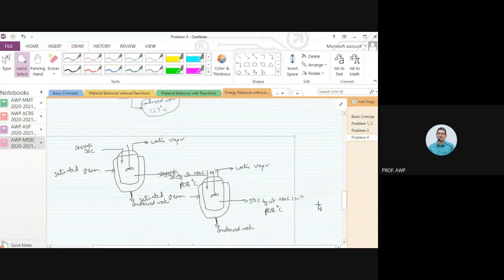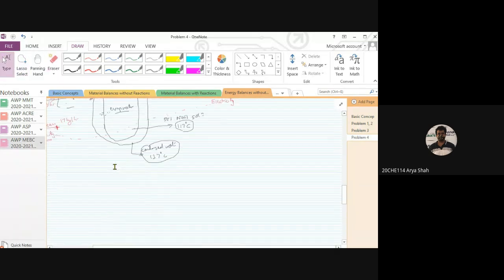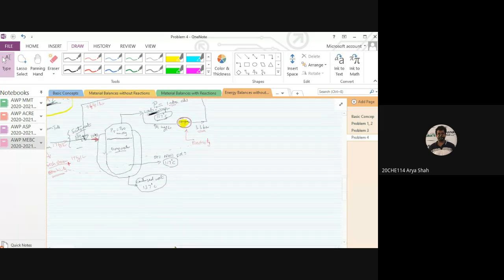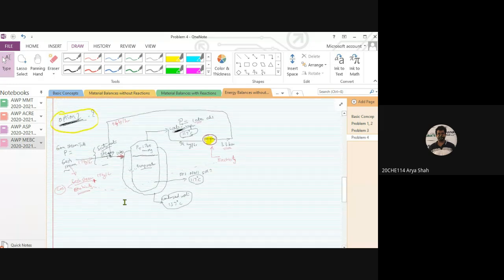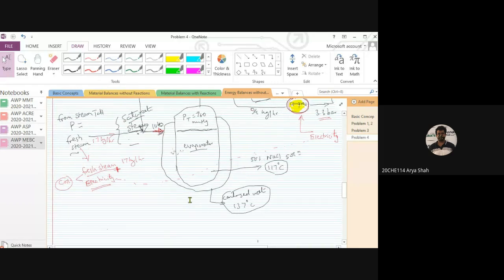Go ahead, Arya. We are assuming over here that the heat supplied is only in the form of latent heat. So, can we assume that even the temperature of water as liquid would drop in supplying heat?